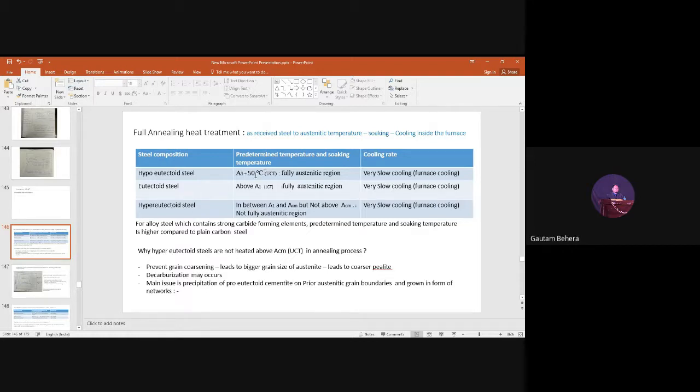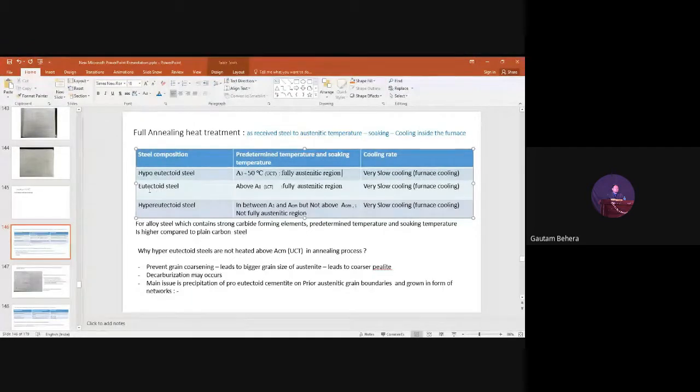That means we have to take the sample 50 degrees above A3. And A3, you remember, is the upper critical temperature, to go into a full austenitic region, so that there will be full austenitization. Then the cooling rate is a very slow cooling rate, that is furnace cooling.